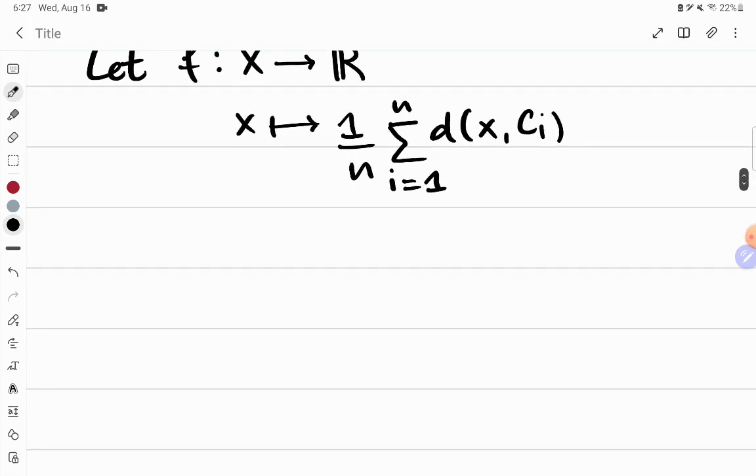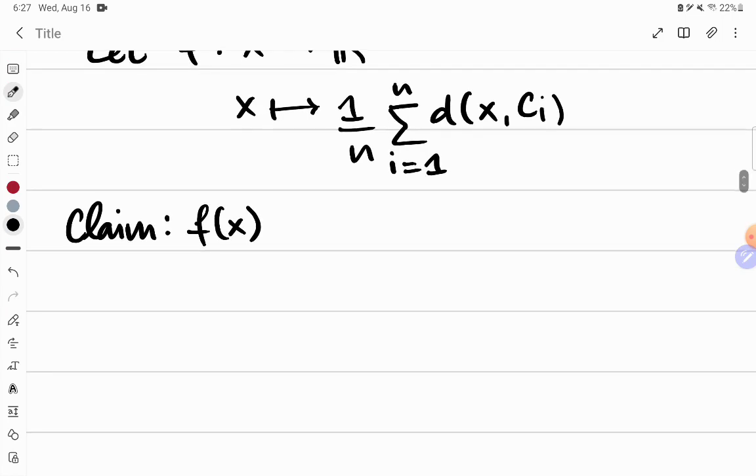Okay, claim: f(x) takes on strictly positive values. That is, it maps into the positive real numbers.